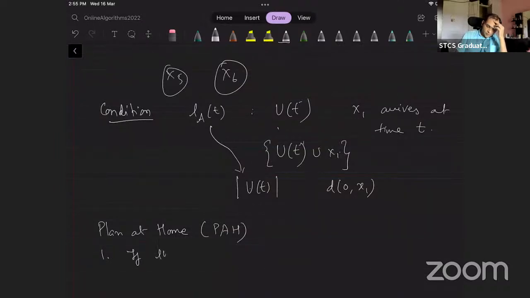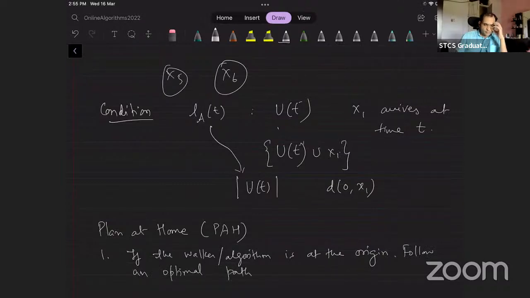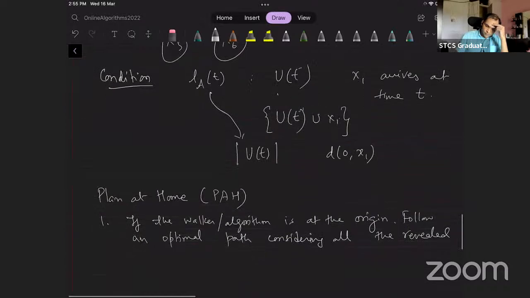If the walker or the algorithm is at the origin, follow an optimal path considering all the revealed requests that have not been fulfilled.